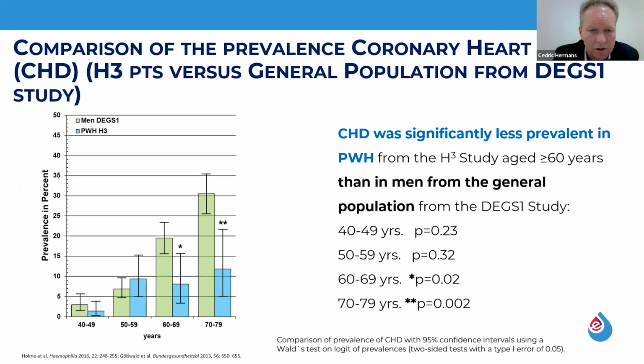I think this is obvious on the graph on the left part of the slide, that ischemic heart disease, coronary heart disease, is certainly less frequent in older patients with hemophilia, and certainly in the group 60 to 69 and 70 to 79. So a lower prevalence of ischemic heart disease in the hemophilia population compared to the general population.